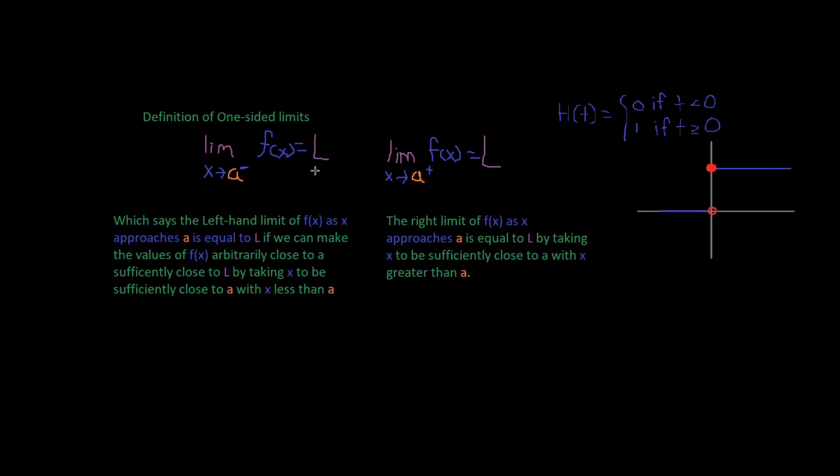Definition of one-sided limits. Right here we have it symbolically. What does this mean again? Left-hand side. What does this mean? Right-hand side, right? It says the left-hand limit of the function f of x as x approaches a is equal to L if we can make the values of f of x arbitrarily close to L by taking x to be sufficiently close to a with x less than a.